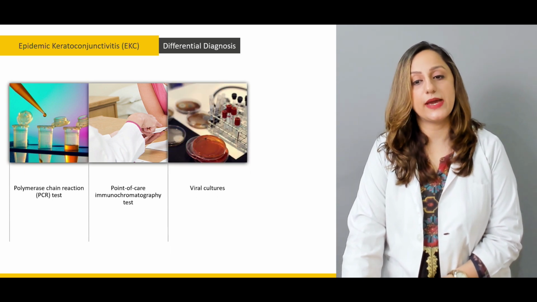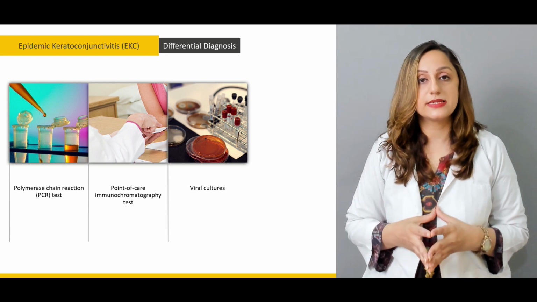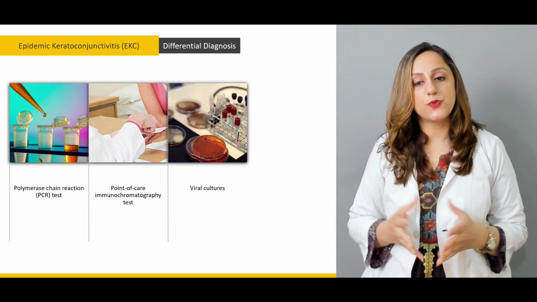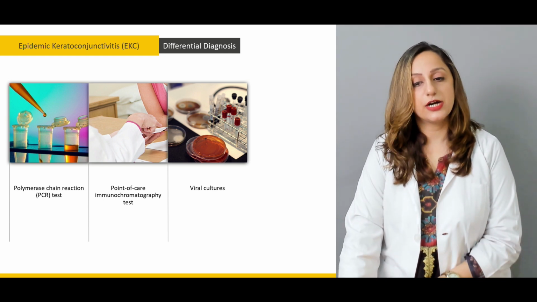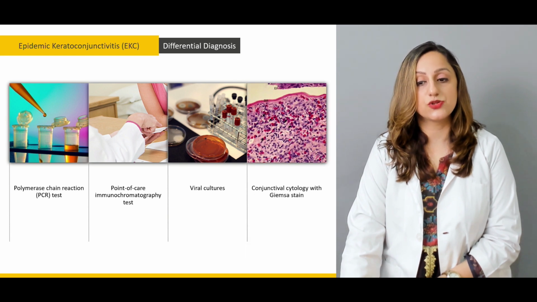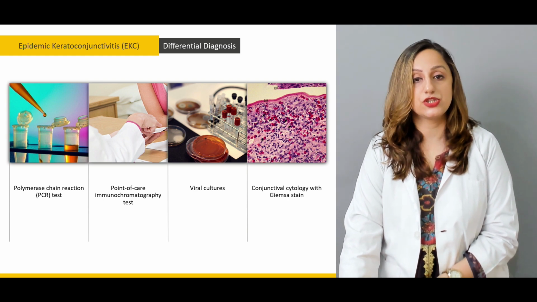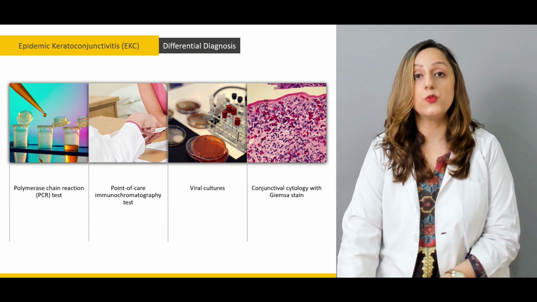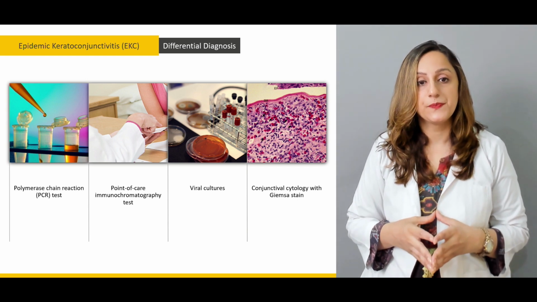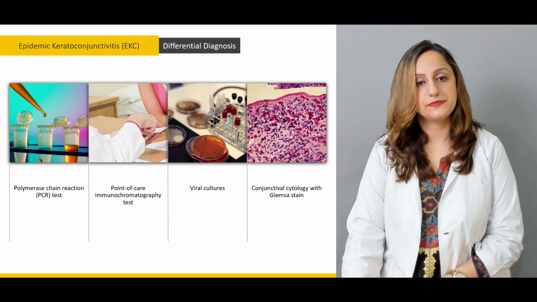We have viral cultures to isolate the organism, which is a double-stranded DNA organism responsible for the production of such keratoconjunctivitis cases. Then we have conjunctival cytology done with Giemsa staining for such cases, in which we are considering that the adenovirus is responsible for the production of this epidemic keratoconjunctivitis.